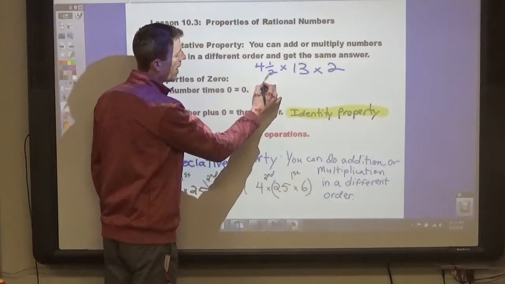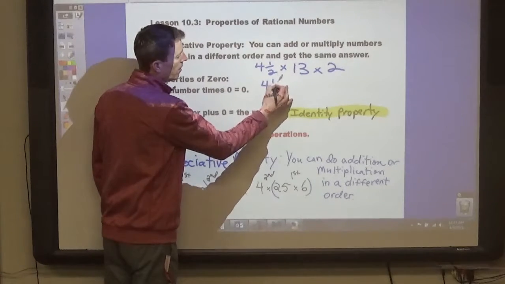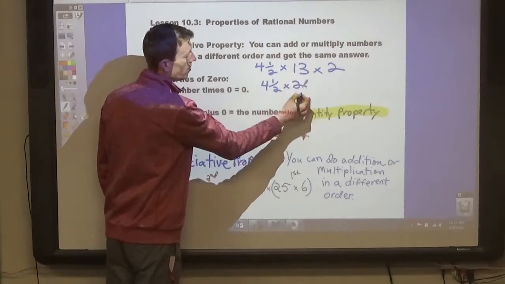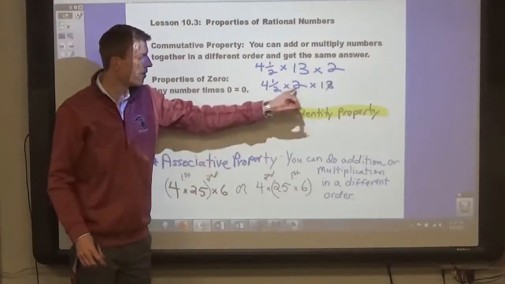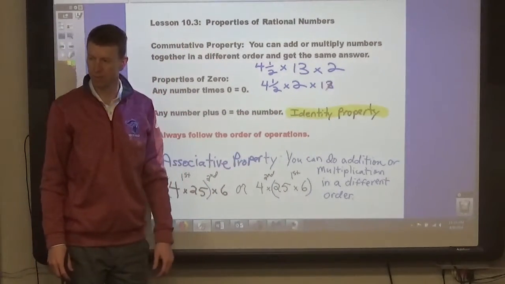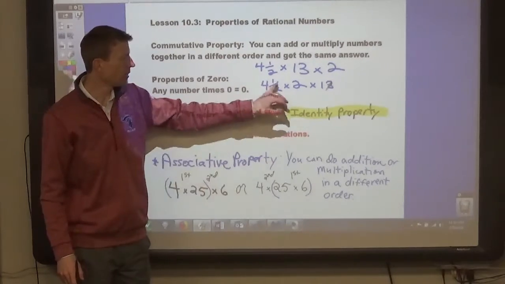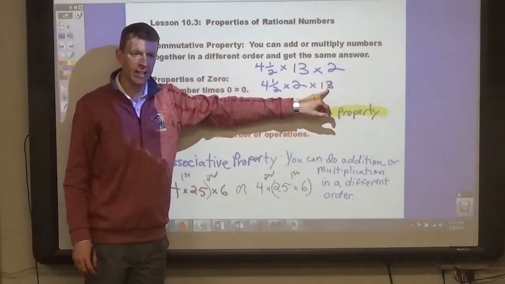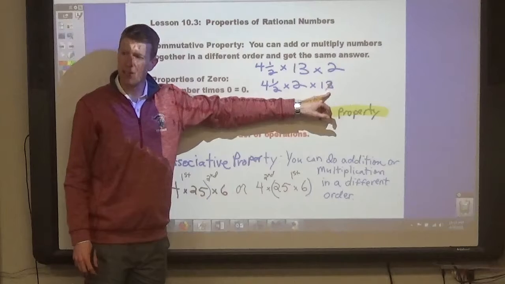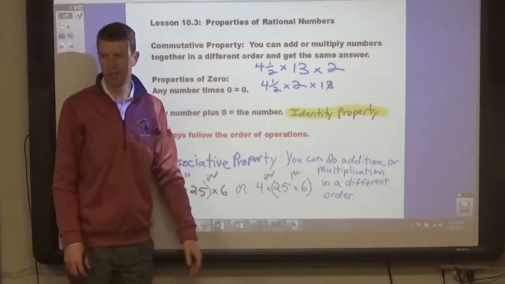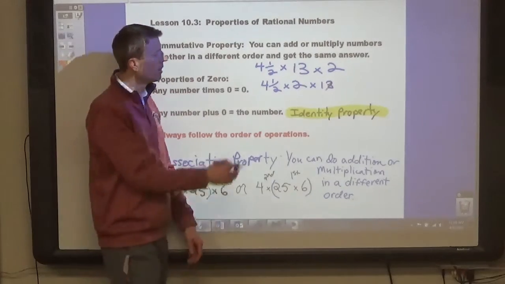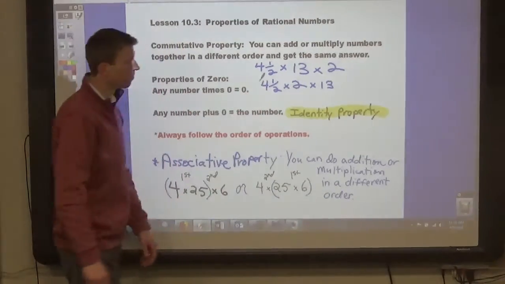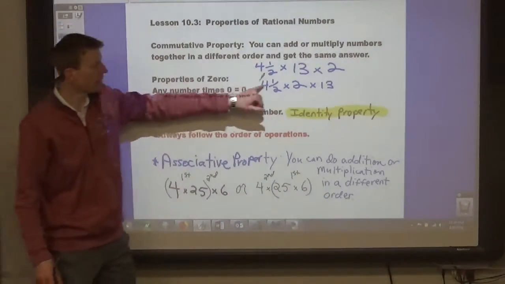If we do 4.5 times 2 first, and then times 13, that's going to be easier because we can do part of it in our head. 4.5 times 2 is 9, and then do 9 times 13. That's a way of using the commutative property to make this an easier problem.